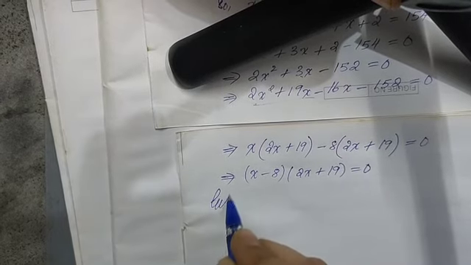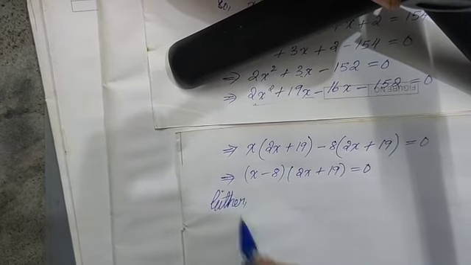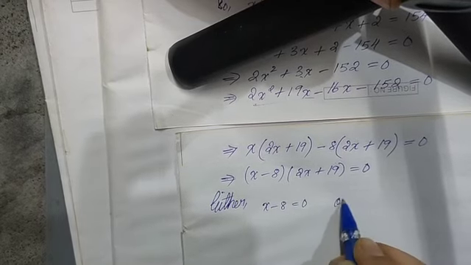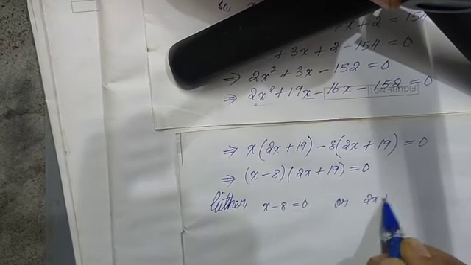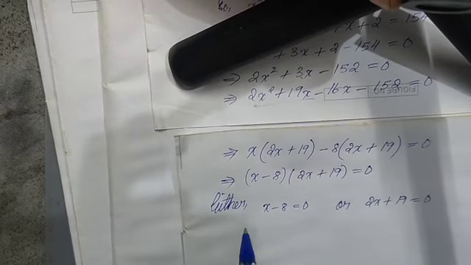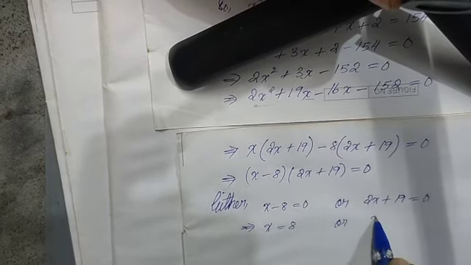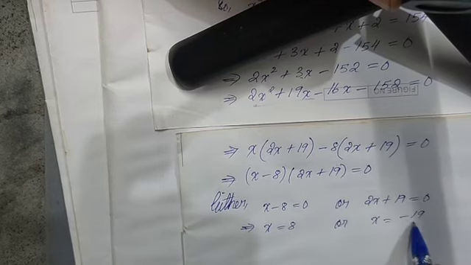Either x minus 8 is equal to 0 or 2x plus 19 is equal to 0, so x is 8 or x is minus 19 by 2.